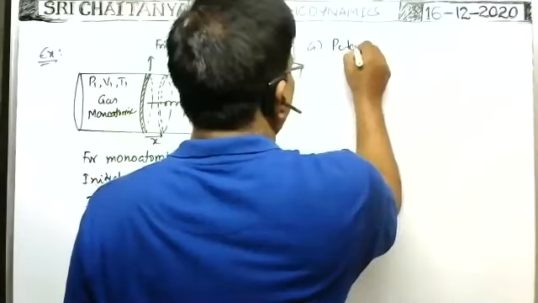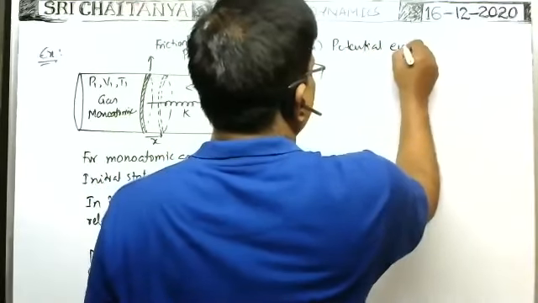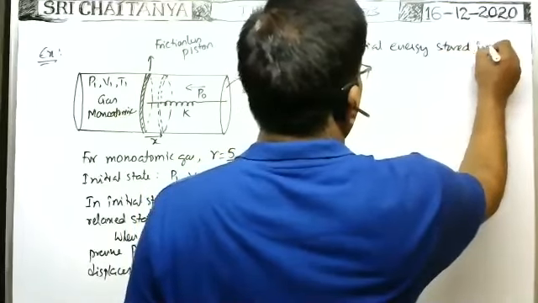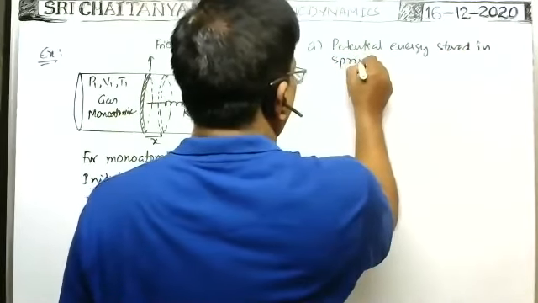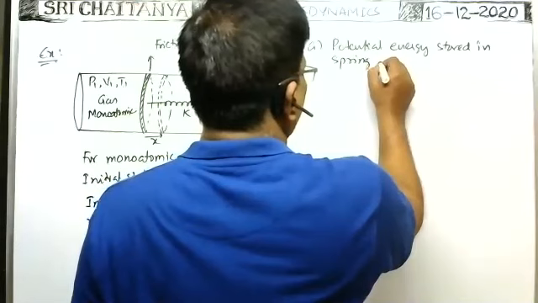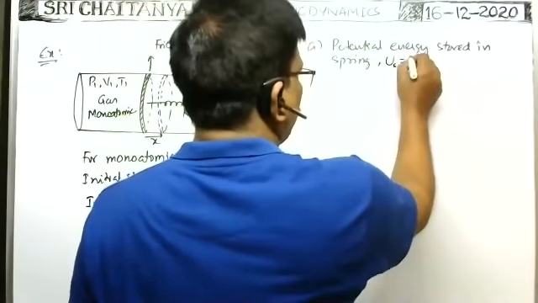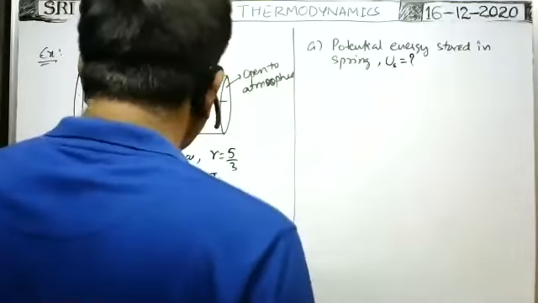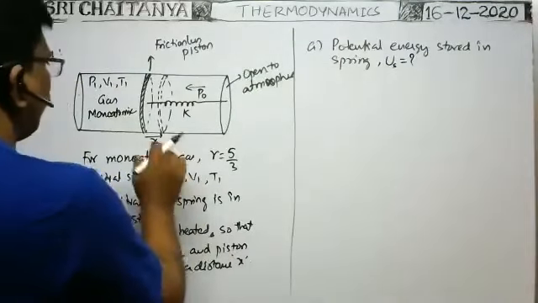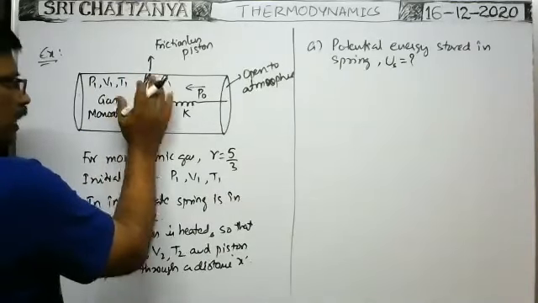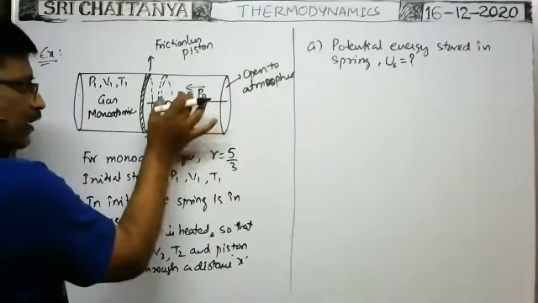Potential energy stored in the spring, U is equal to US. That is the question. Initially, whenever it is not heated, the piston is under equilibrium and the spring is in relaxed position.